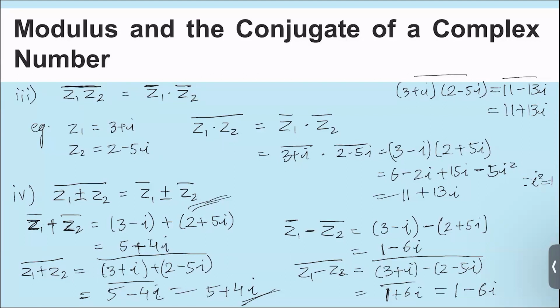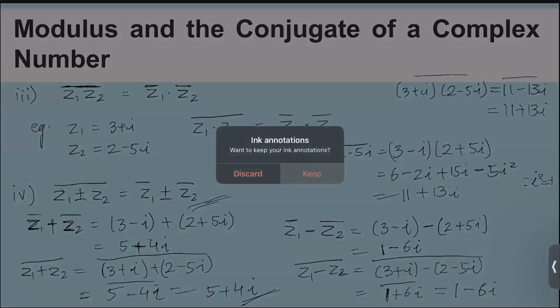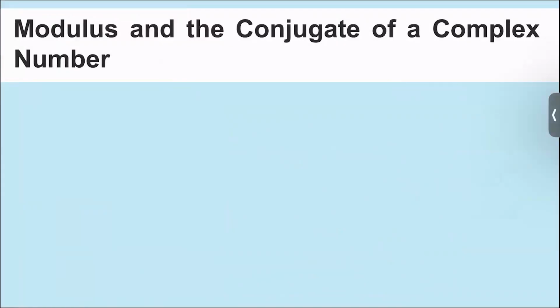There's one last one. Okay, so the last result that we can obtain in relation to the conjugate is for z1 by z2.